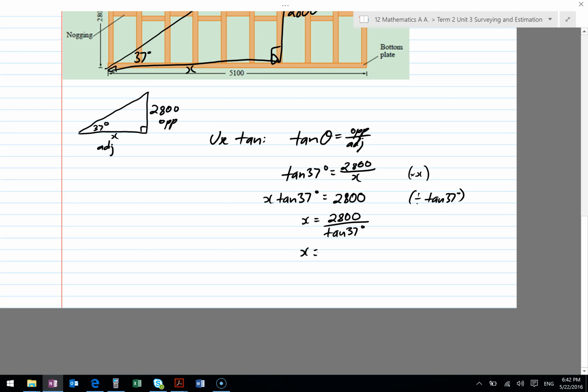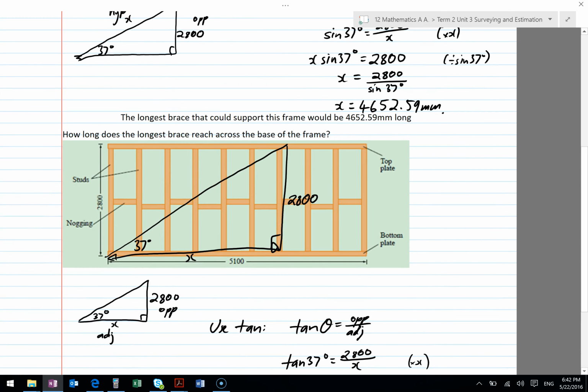Again, calculator time. Make sure that your calculator is in degrees. I'll have 3715.73 millimeters. And again, make sure we finish with the statement. The longest brace would reach 3715.73 millimeters horizontally across the base of the frame.